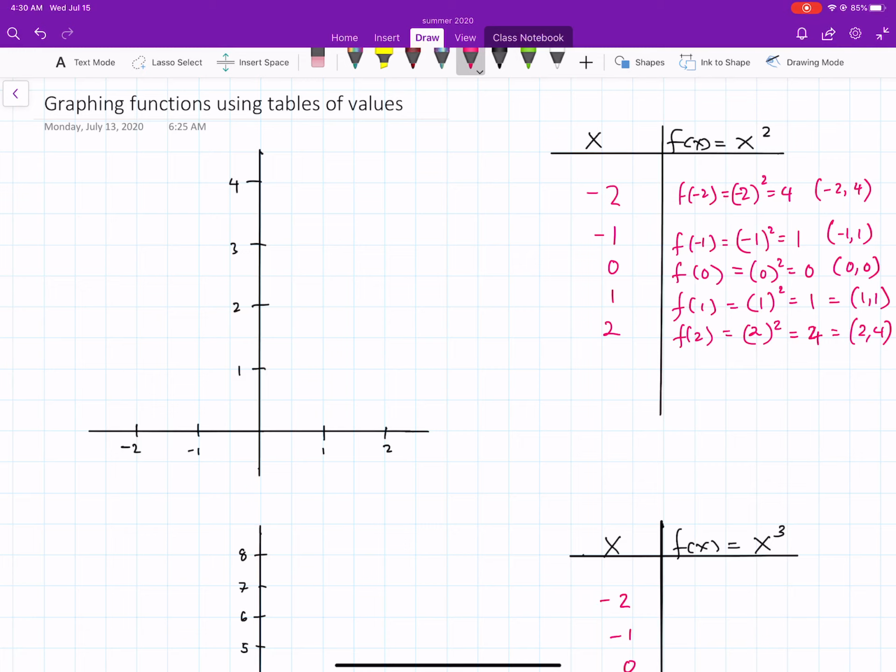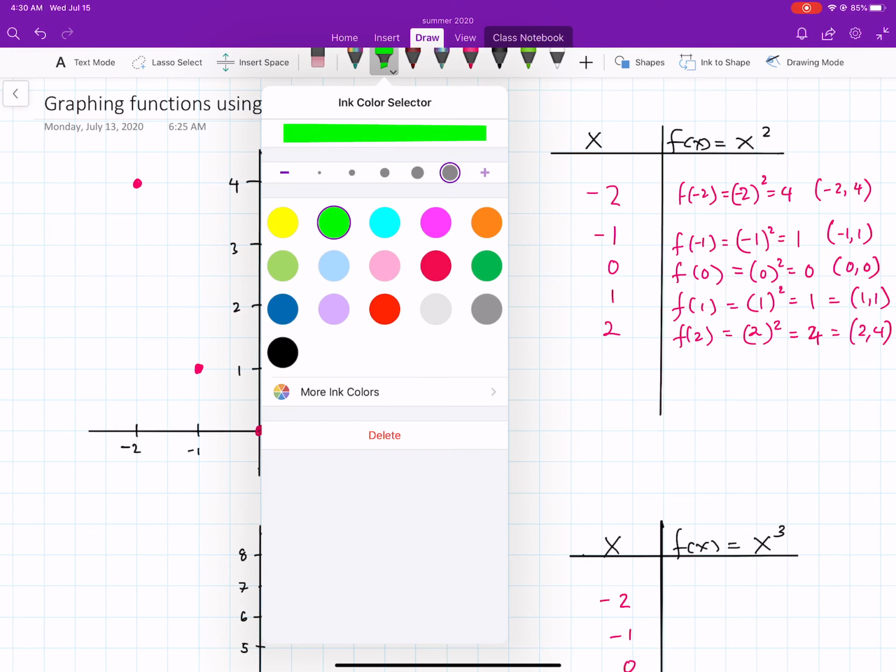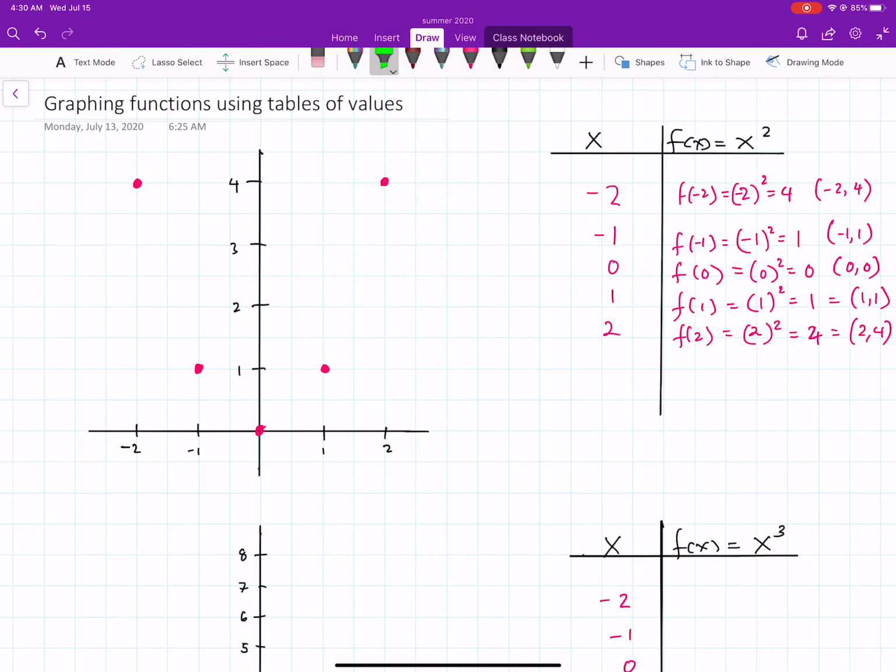So you know that these are going to be curves. So let's locate the points. I have -2, and 4 is right about here. You get -1 and 1 is about here. You get 0, 0, 1, 1, and 2, and 4. All right, so if I try to sketch this, it looks like I'm going through there.